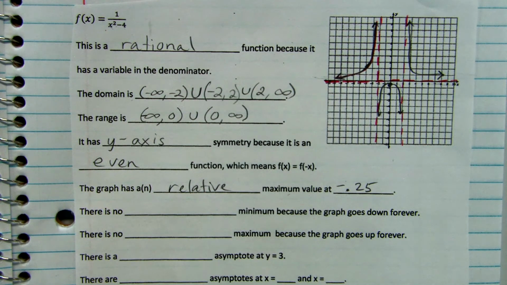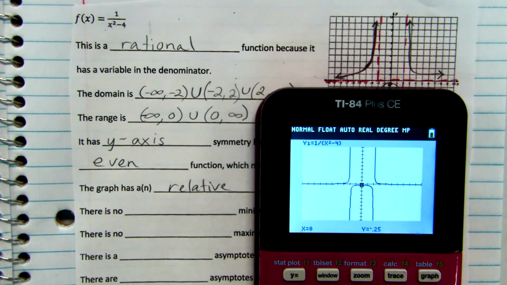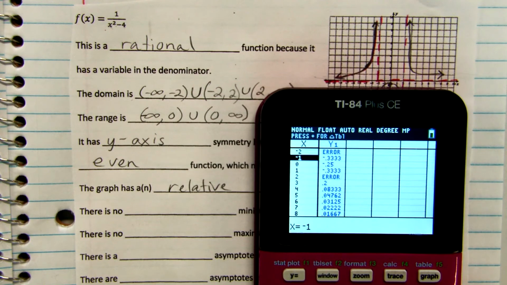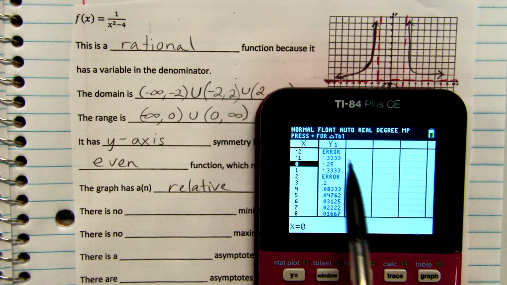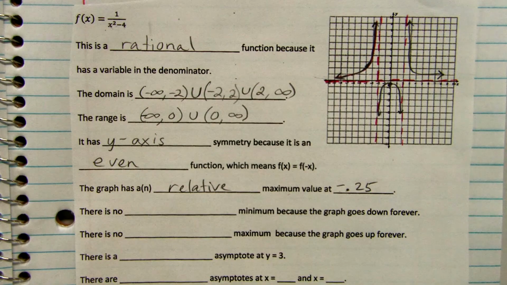It does look like 0, 0 on here, which is why they have that trace feature. You can also go over to your table, and it'll tell you 0 is -0.25, and they have those errors in there for the asymptotes.